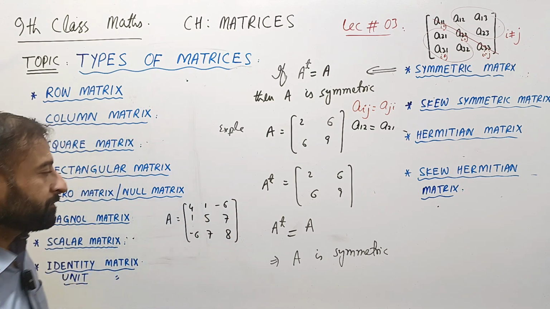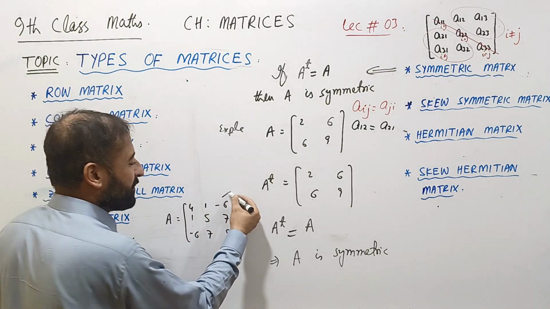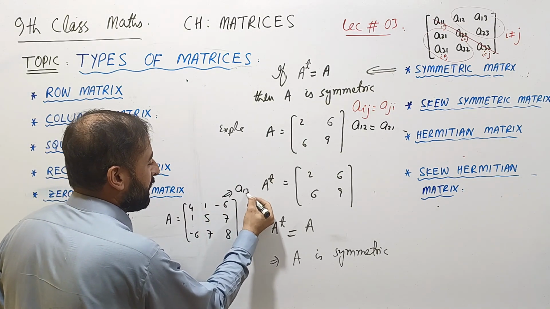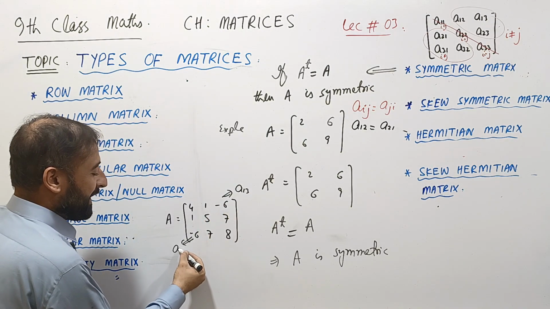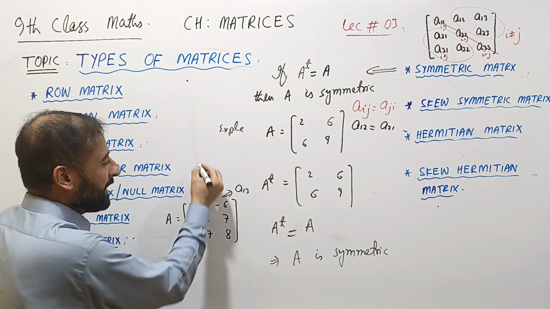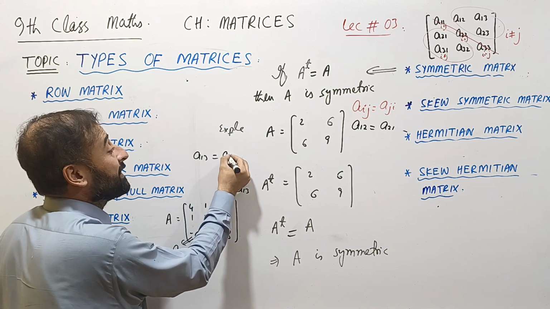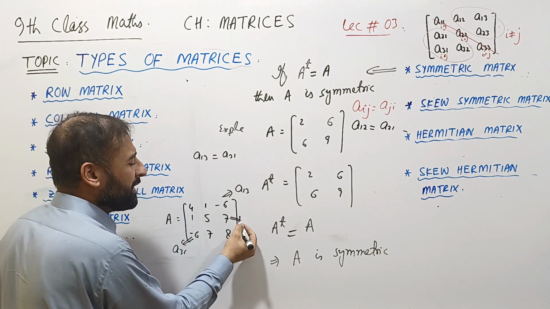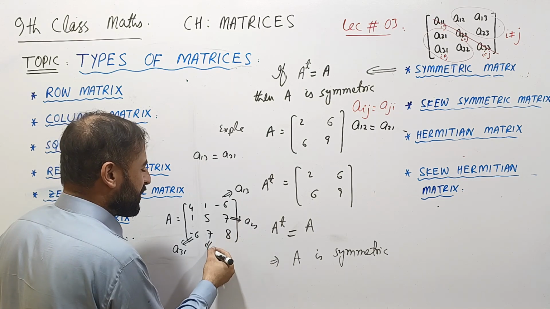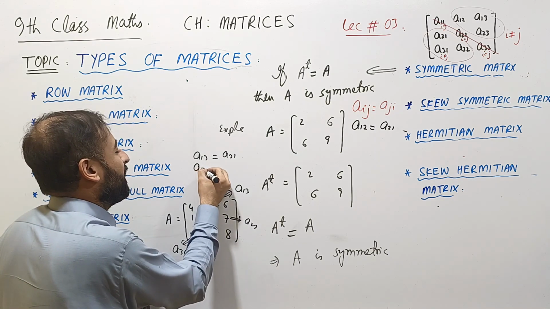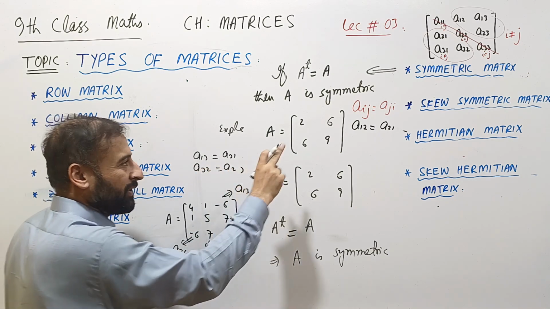Like this. Now here you can see this is A13 and this is A31. So you can see that A13 and A31 are equal. Similarly, this is A23 and this is A32. They are equal.